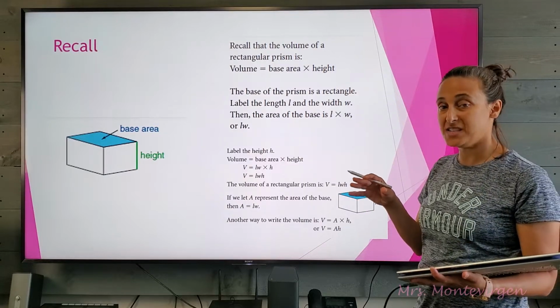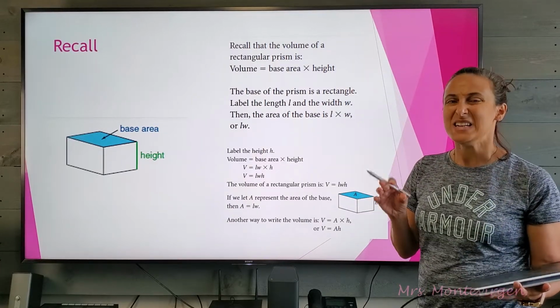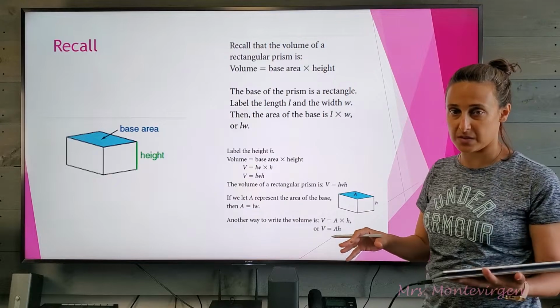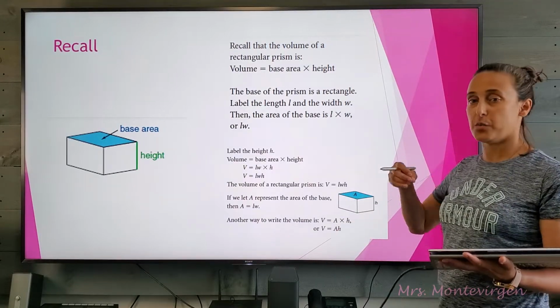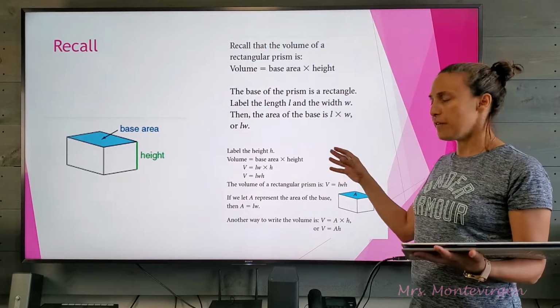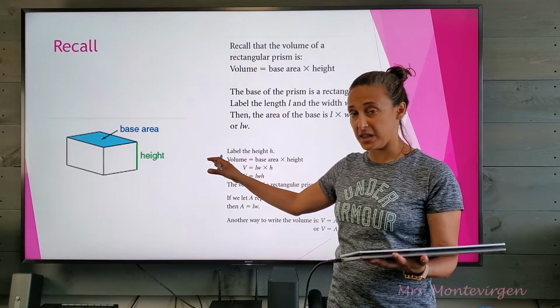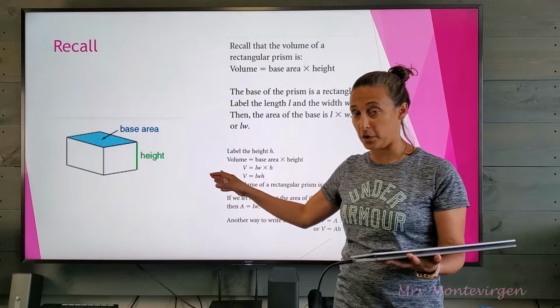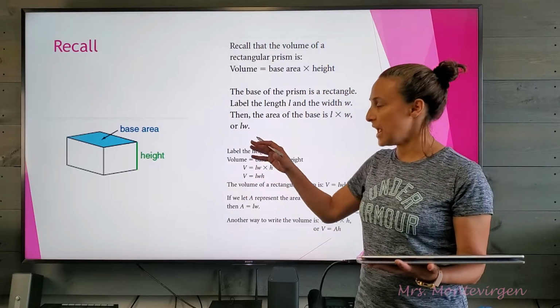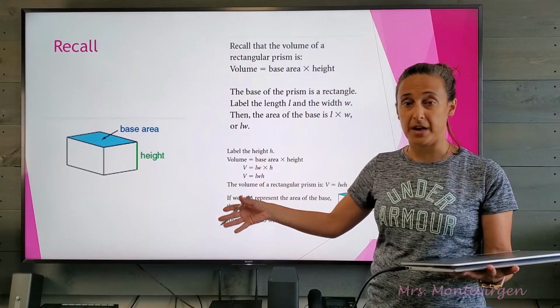You need to be able to identify the base of the prism and what the height of the prism is. Unlike surface area, where there was a very specific formula, you have a few different ways of showing this. The easiest way to think about it when calculating volume is you take the area of the base and multiply it by the height.